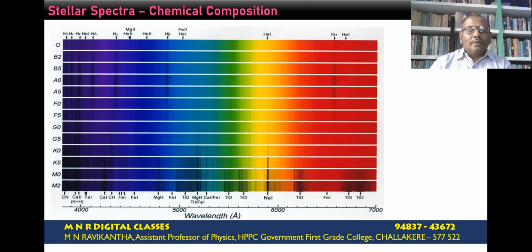Means the cooler stars, in addition to hydrogen, contain metal oxides and other heavy elements in their atmosphere, whereas the hotter stars are mainly composed of hydrogen and helium. This spectrum clearly gives us an idea regarding the chemical composition of various stars.